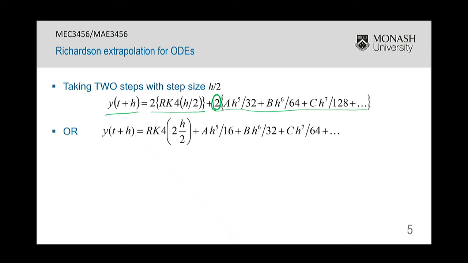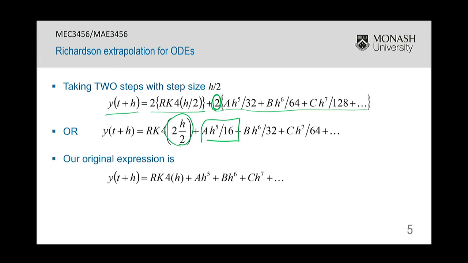Just simplifying that then, y of t plus h equals RK4 of, now I'm going to write this as twice h on 2, it's a little bit of an imprecise notation, but I think you know what I mean. It means taking 2 steps of h on 2 plus a h to the 5th on 16. This is now the leading order error term if we take 2 steps of h on 2.